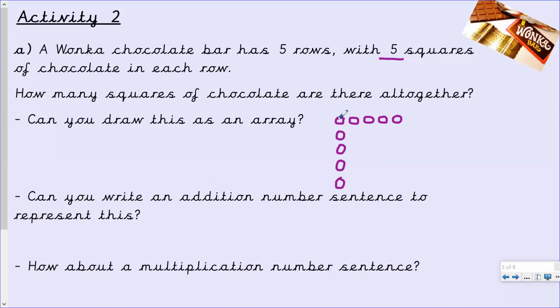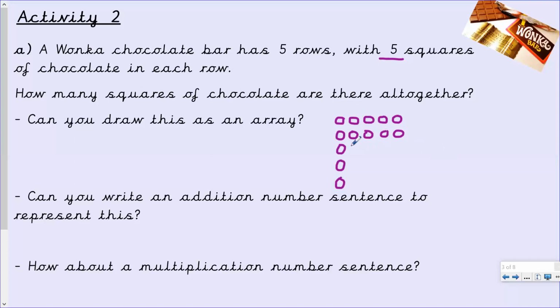So I've just completed 1 row of 5, 1, 2, 3, 4, and 5, and I'm going to complete the rest. 2, 3, 4, 5. In order for my representation to look like an array, I'm going to make sure that it's organized, so all of my pieces of chocolate are represented underneath each other neatly.